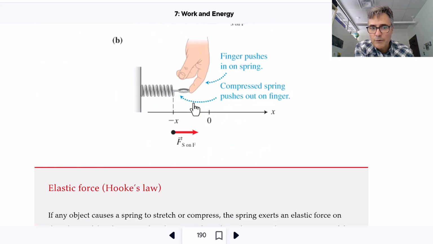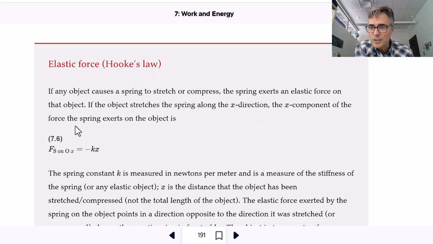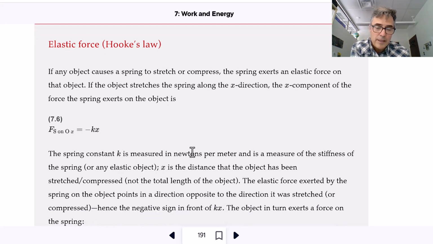But basically, the first part of this section is telling you this equation 7.6. The force of the spring on the object that it's attached to is negative kx. K is called the spring constant. It's measured in newtons per meter. So if you look at a bunch of springs in different boxes, each spring will have a spring constant labeled on it.